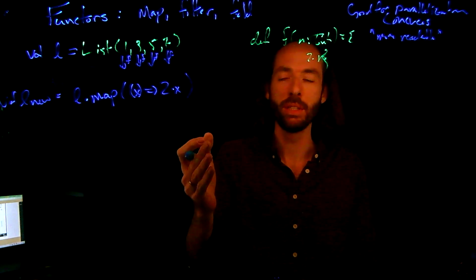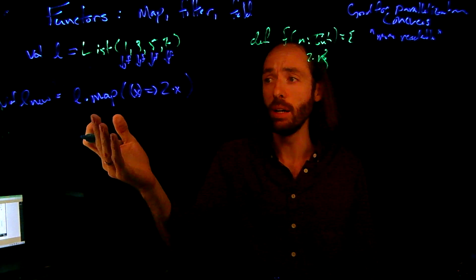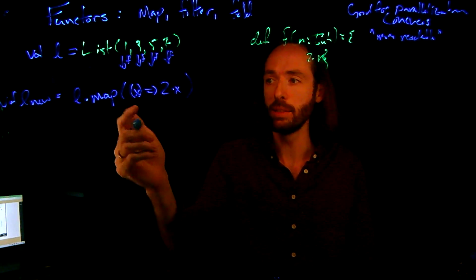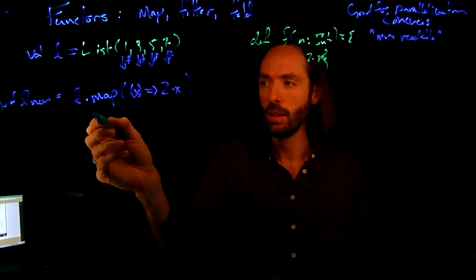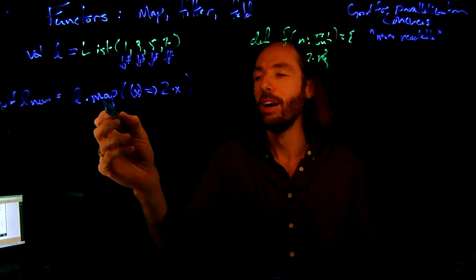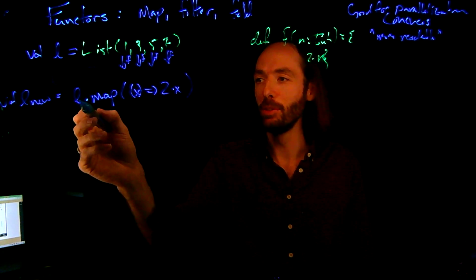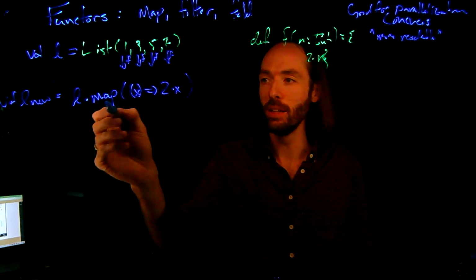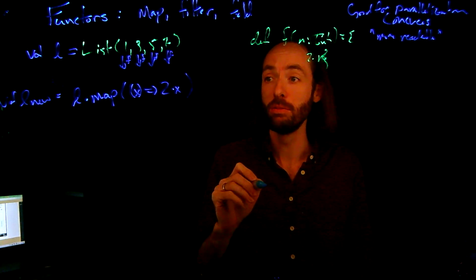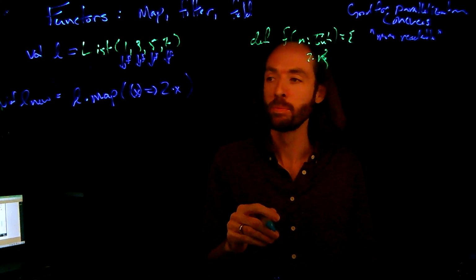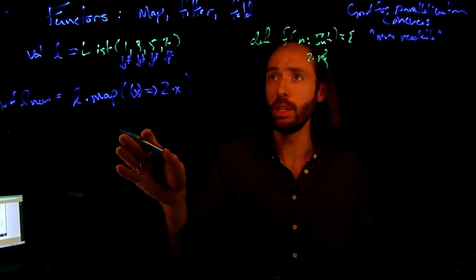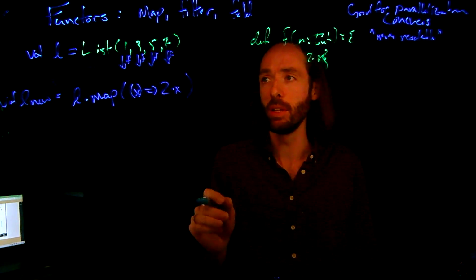Just that we don't always need to name everything. And with functors, it's usually really nice to say this because it's really clear, at least in my opinion, what's going on here. We take L, and for every element of L, we apply this function to it. Done.